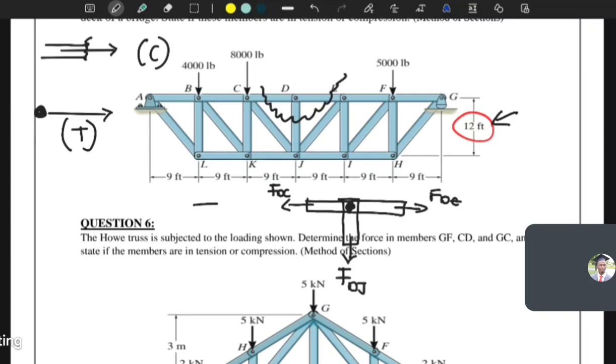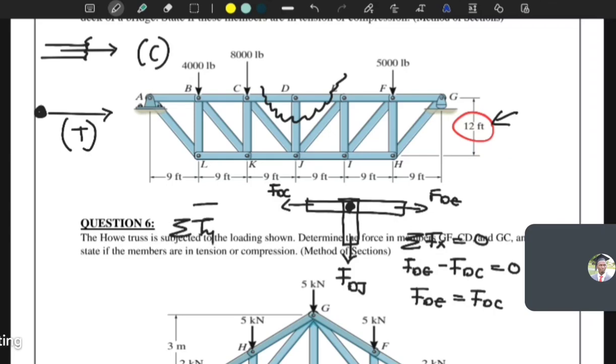But for this one, you have to see one thing. When you sum forces in the x-axis and equate to 0, notice that FDE minus FDC must be equals to 0. Clearly, FDE will have to be equals to FDC. But when you sum forces in the y-axis, observe that FDJ is alone there.